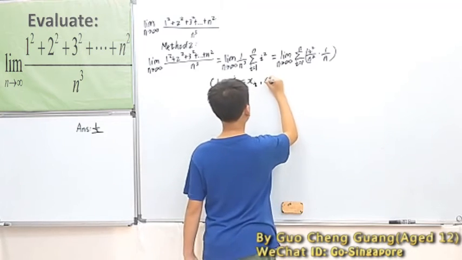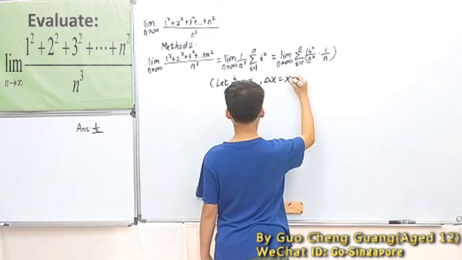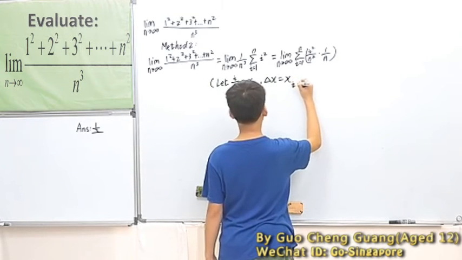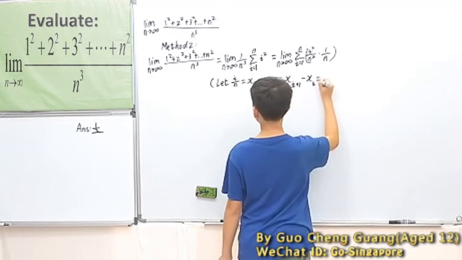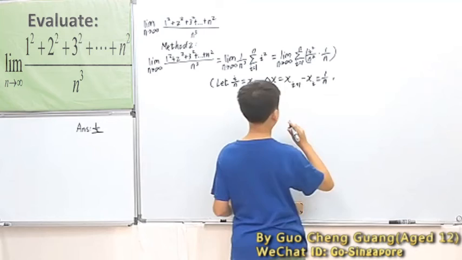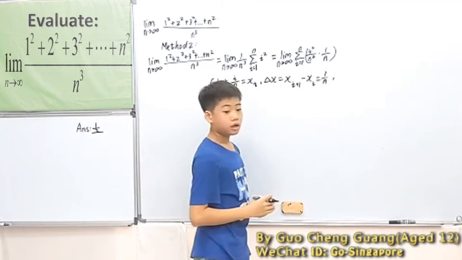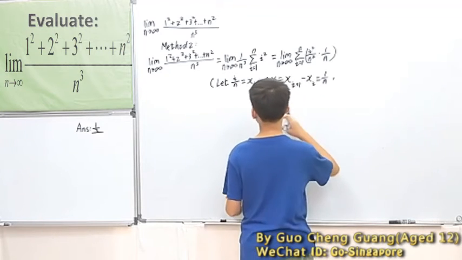And then delta x, we can just say it as x I plus 1 minus x I. And this is 1 over n.